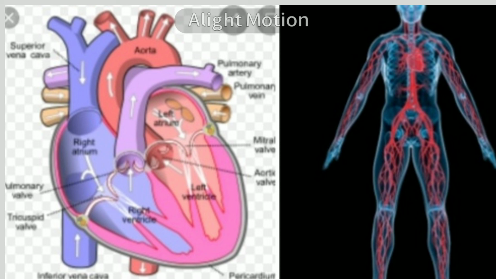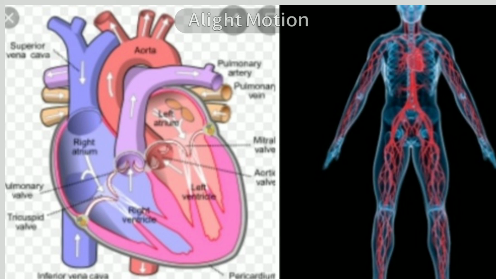On reaching an organ or tissue, the artery divides into smaller and smaller vessels to bring the blood in direct contact with all the individual cells. The smallest vessels have walls which are only one cell thick, and are called capillaries.